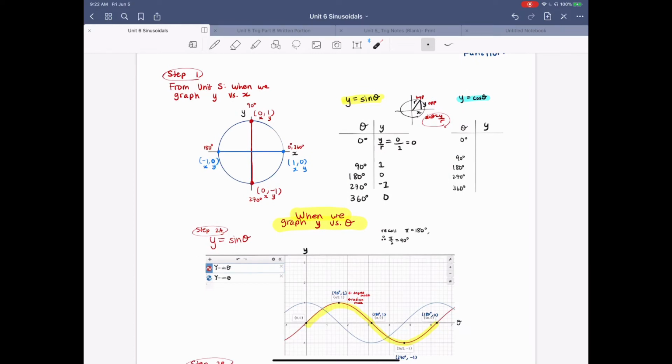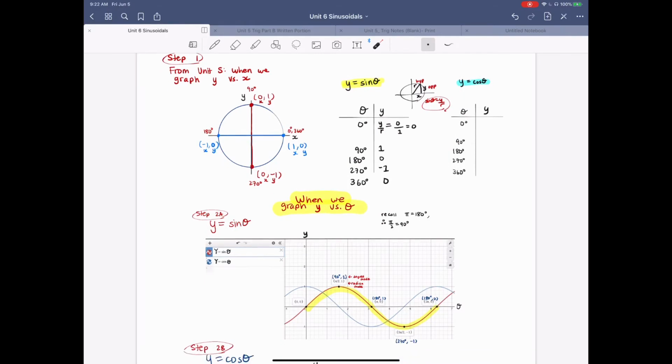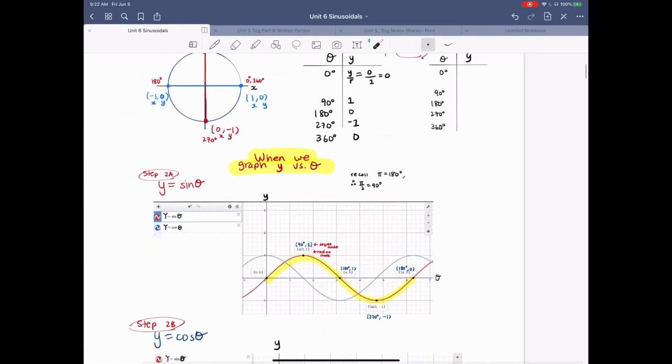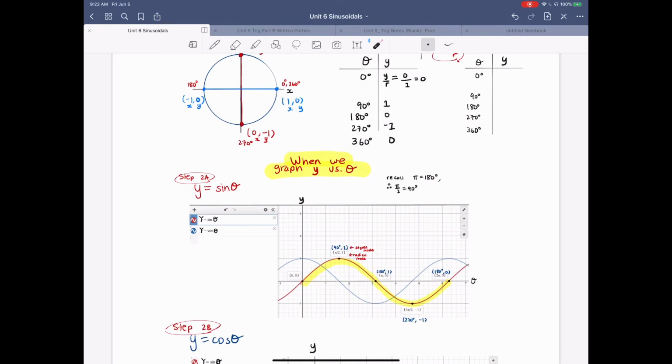When we use Desmos to graph it for us, you can see it's going to say 0, 0, 90, 1, 180, 0, 270, -1, and 360, 0. Your Desmos isn't going to have x associated with degree mode, so it's just going to spit it out as numbers.